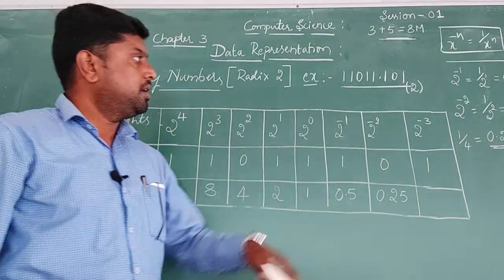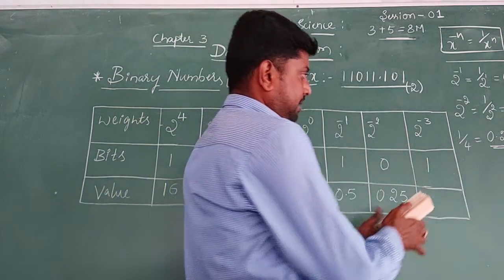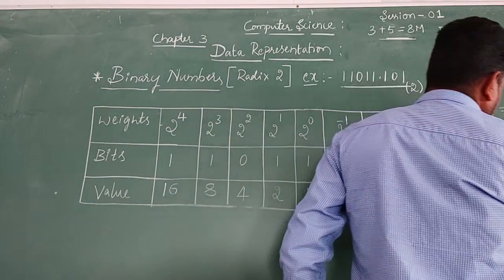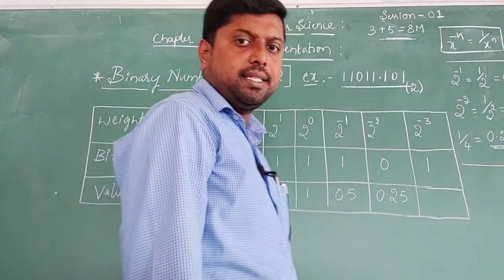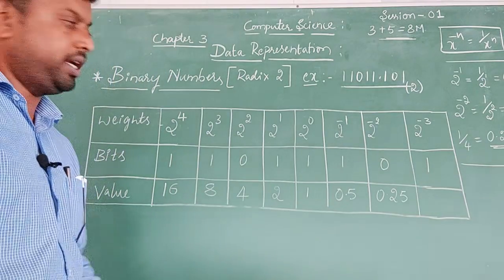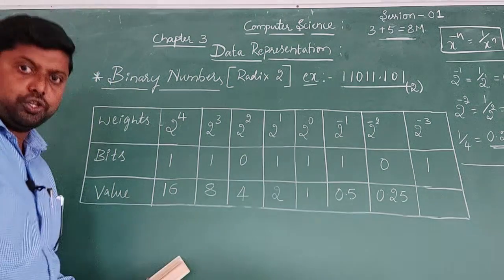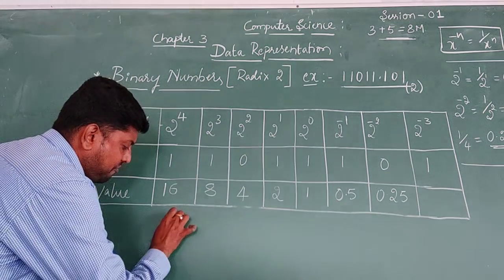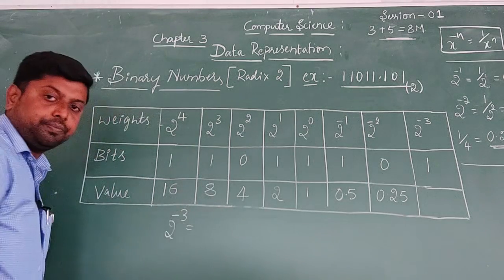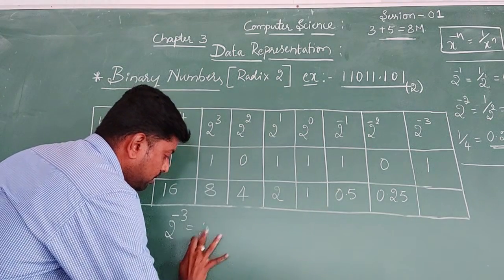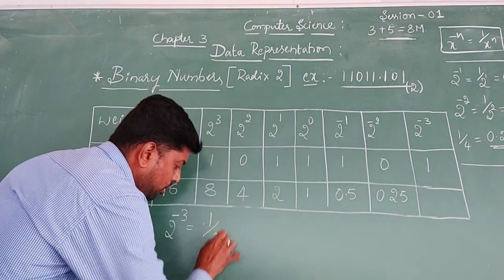Like that, 2 to the power of minus 3. Here I will write 2 to the power of minus 3, so I will show you. 2 to the power of minus 3 is equal to 1 divided by 2 to the power of 3.